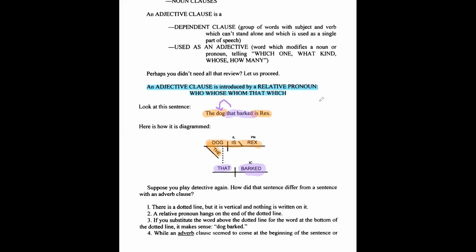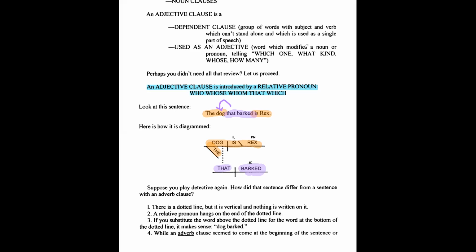Now, I know what you're thinking. This looks very strange. Let me ask you this. Who is the doer of the verb barked? If you're thinking in terms of the meaning of the sentence, we know the dog is the one doing the barking. But grammatically, that is the doer of the verb barked. That refers back to dog.